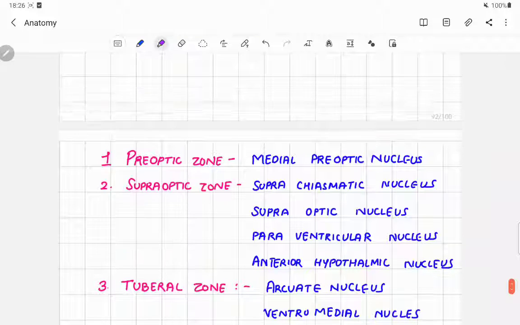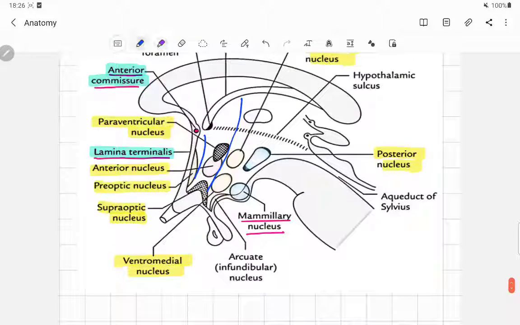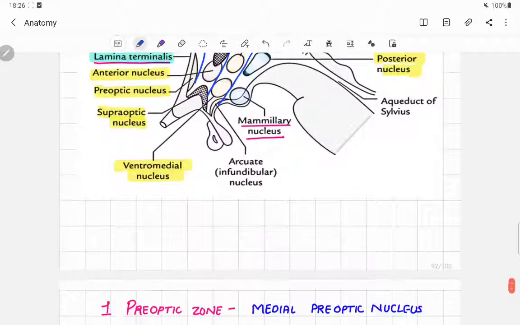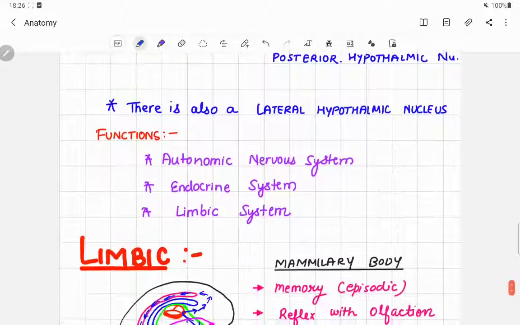The next zone is the tuberal zone, which is located right here, and the last zone is the mammillary zone, which is located here. This bulgy protuberance out of the hypothalamus on its basal side is called the mammillary nucleus, and it contains the mammillary body. All right, let us look at the functions.